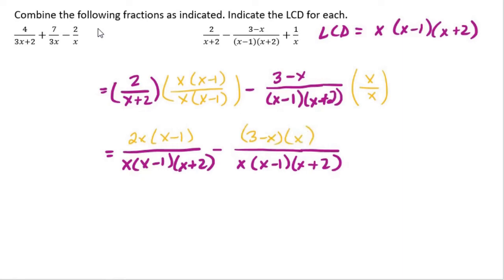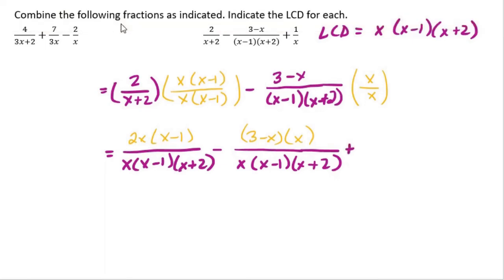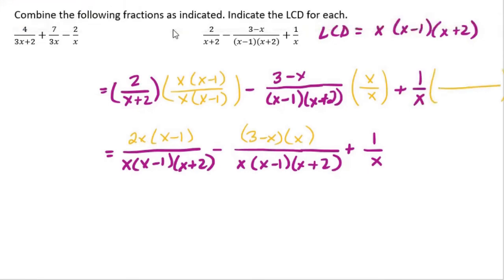I'll be careful here and copy this down quite slowly. And finally, 1 over x, well, should have written that up here. 1 over x, that's missing both the x minus 1 and the x plus 2. So we'll multiply top and bottom by both.